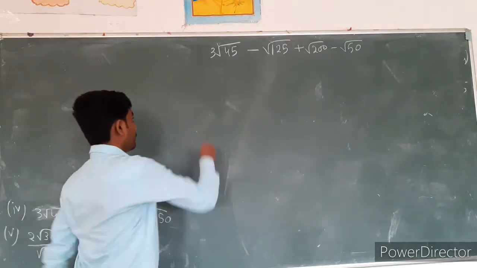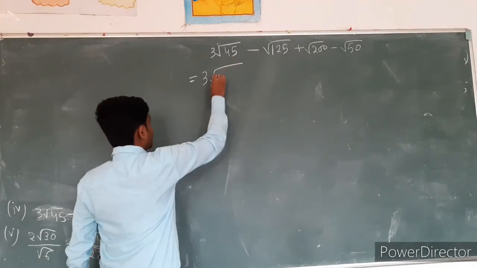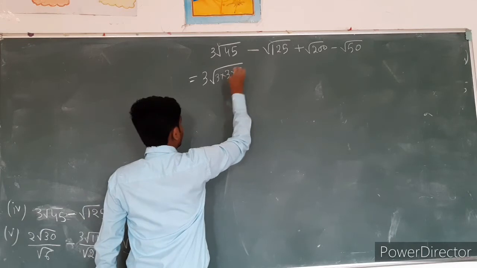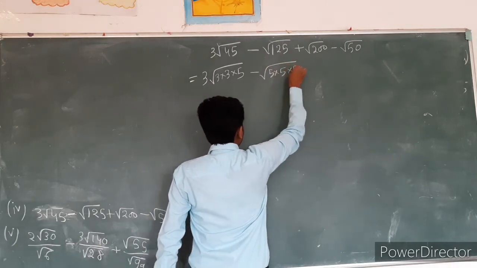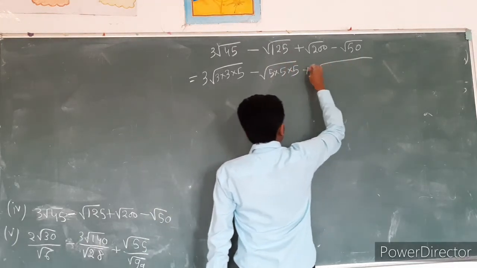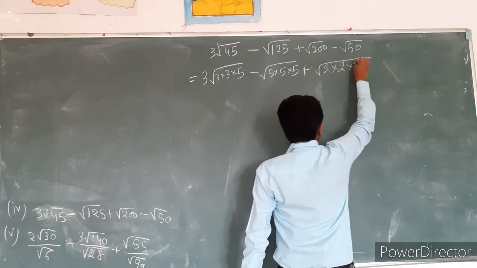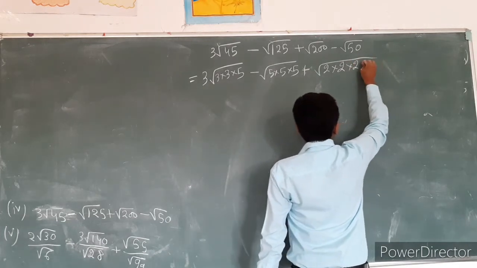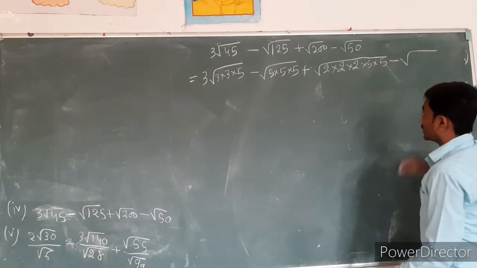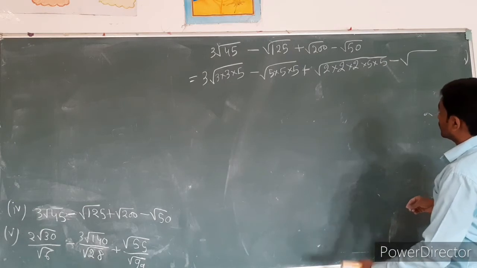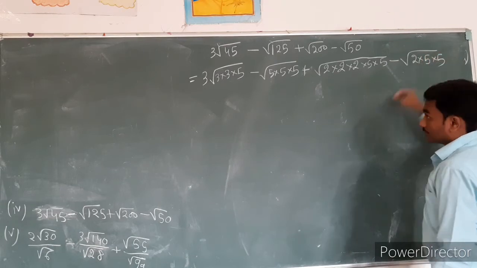Now we solve this question. So 45 can be written as 3 into 3 into 5, minus 125 can be written as 5 into 5 into 5, plus 50 also can be written as 2 into 5 into 5.